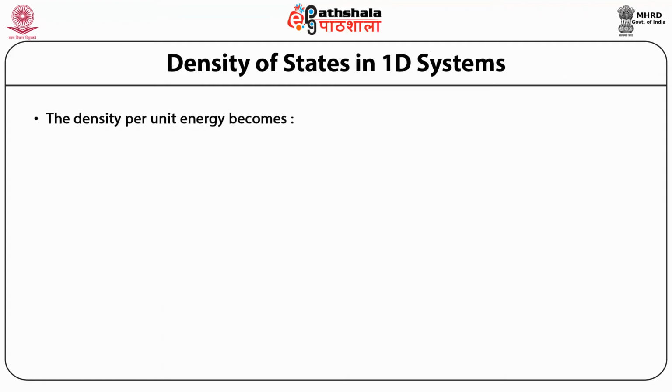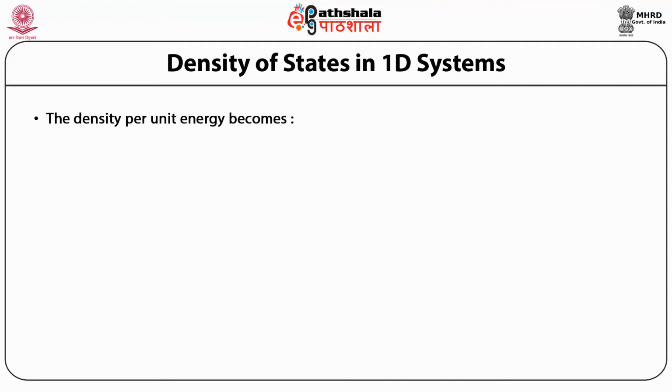Let us now discuss the density of states in a one-dimensional system. In order to calculate the density of states for a 1D structure, a quantum wire, the previous equations with modification can be employed.